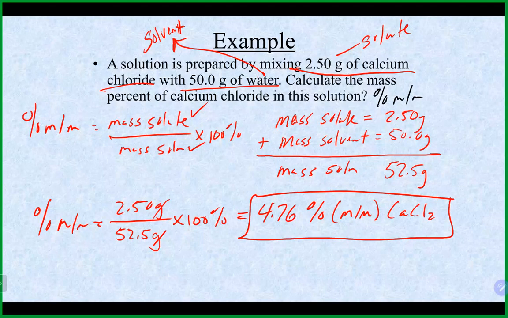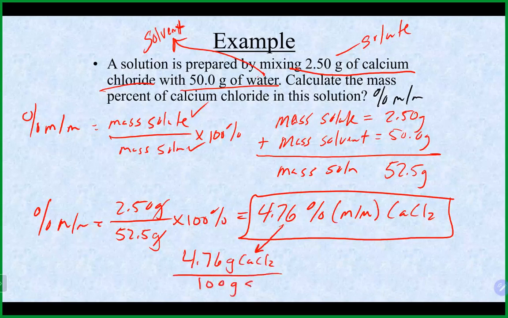By the way, when we have these percent concentrations, we can convert them into conversion factors if we need to. Since we have this number here, what does it really mean if we wanted to use it in a calculation? Obviously, we don't need to in this problem. It means that if you assume 100 grams of solution, there would be 4.76 grams of calcium chloride in 100 grams of solution.